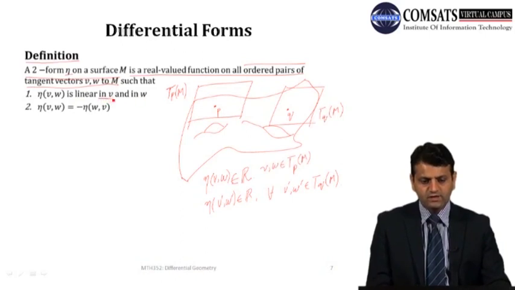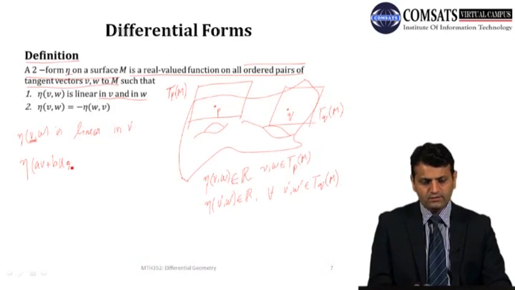So linear in V and W का क्या मतलब है? So let's say what is linear in V? So linear in V means आप W को फिक्स कर दें और V जो है उसकी जगह आप ये पुट कर दें AV plus BU, और W को आपने फिक्स रखा है, then this must be equal to A eta VW plus B eta UW.